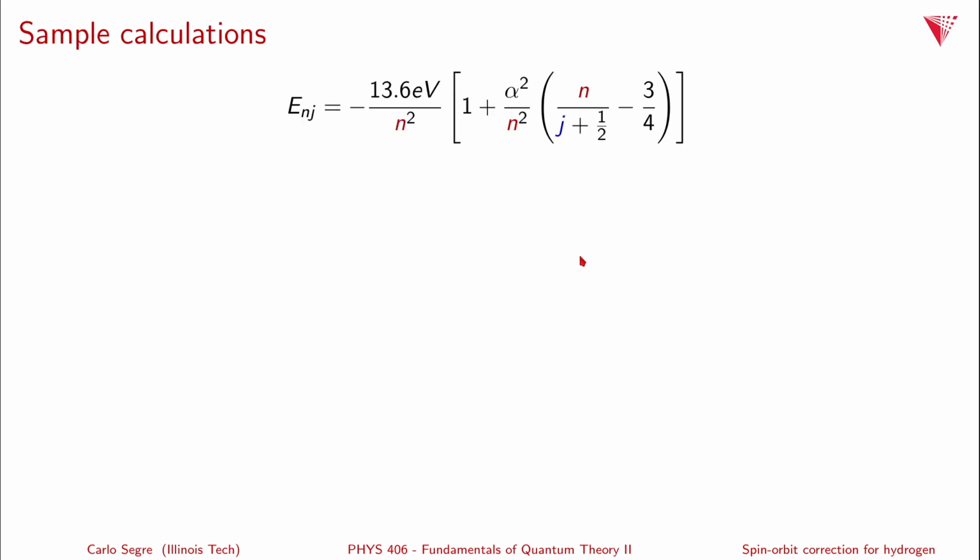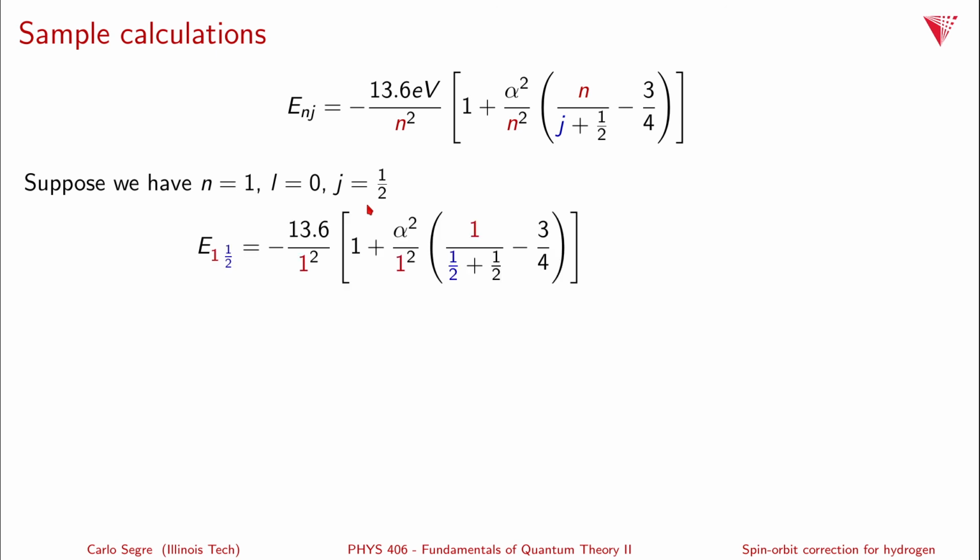So let's do some sample calculations. Here is the expression for the energy which is spin orbit corrected, or fine structure corrected. Suppose we have n equals 1, L equals 0, and J equals 1/2. So this is the ground state. For the ground state, n, which is in red here, is 1, and J is 1/2.